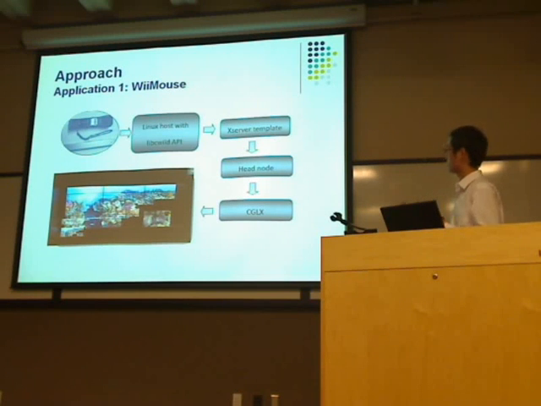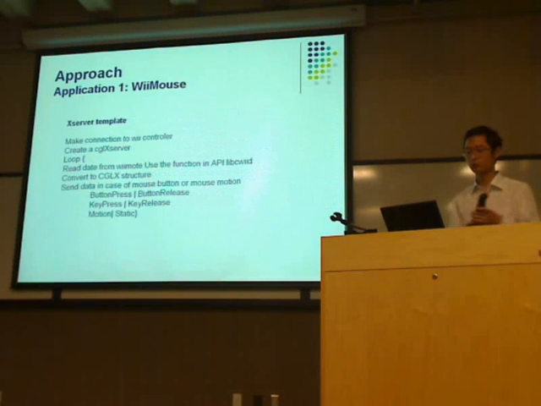The next step is to create a CGLX server for this remote. In the CGLX library, there is a tutorial that teaches you how to create a template server for an external input device. There also exist some structures like mouse event, mouse motion event, and keyboard event. So what we need to do is first make a connection from our Wii remote to the computer and then create a server.